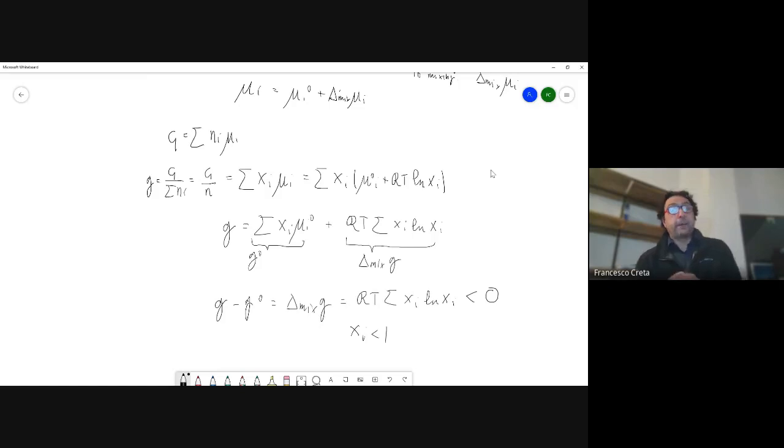So if I keep the pressure and temperature constant, the formation from its pure components of a mixture of gases decreases the Gibbs energy, the Gibbs energy per unit mole. Does that ring a bell?